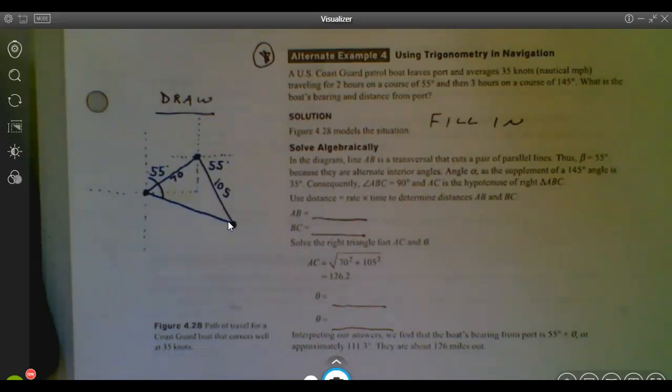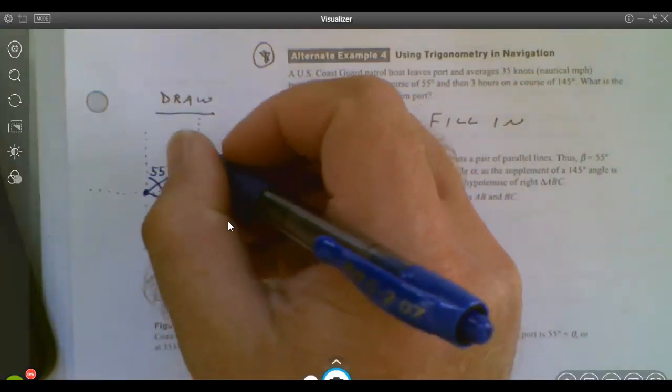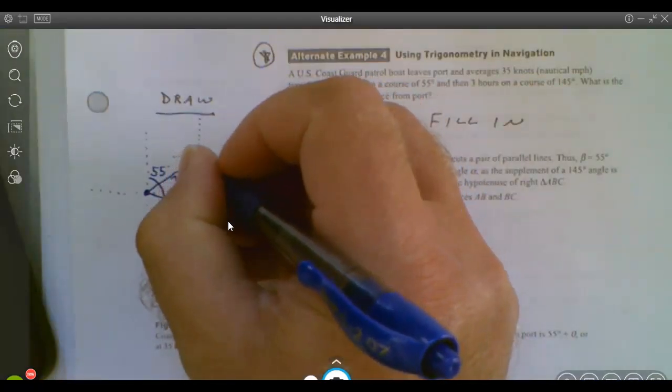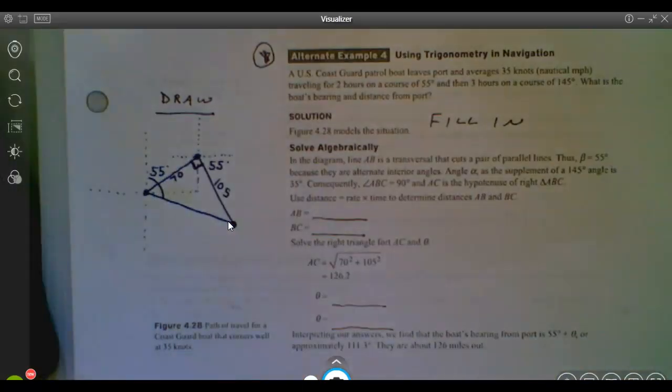So in other words, if that's 55, then that's 55. I already know that this is 35 because, again, I had a right angle here. Right? So if I subtract that out, this is 35. If that's 55, that gives me my right angle right here. So here's a couple approaches you could take to get there. That's just sort of one idea, but we do need to identify that guy as being 90 degrees.